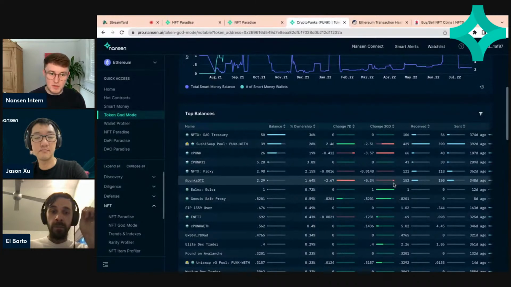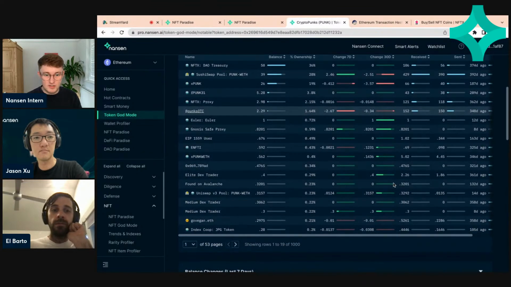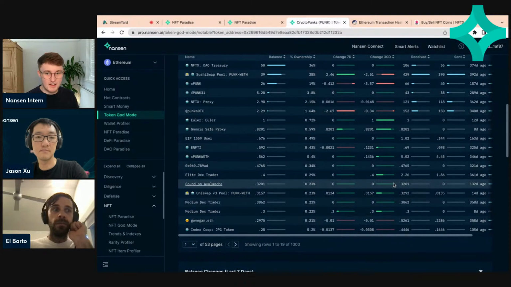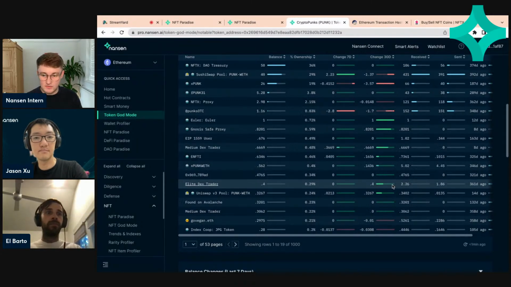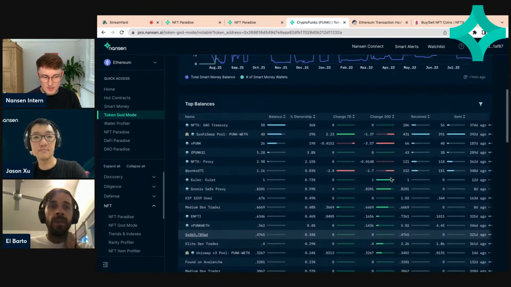Or if there's an amazing utility or something, such as the Ledger collection that's been doing well over the last few days, there's a physical element to it and all this. If you're buying strictly for the PFP or the art or whatever, I think it's really difficult at the moment as a new collection or even a collection that's not well cemented into the space.